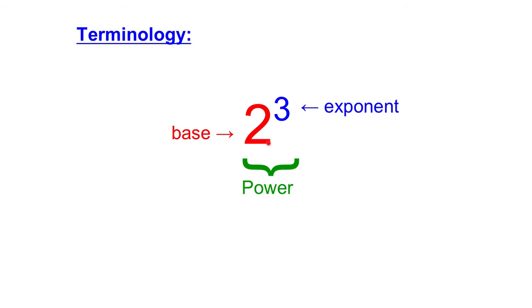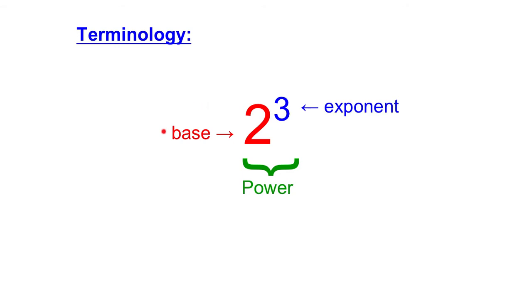This part here, the 2, is called the base. A lot of people will misread this and say 2 to the power of 3, but technically you're misusing the words. It's 2 to the exponent 3. That's what the power is. So the power is 2 to the exponent 3. The power has a base of 2 and an exponent of 3, in other words.